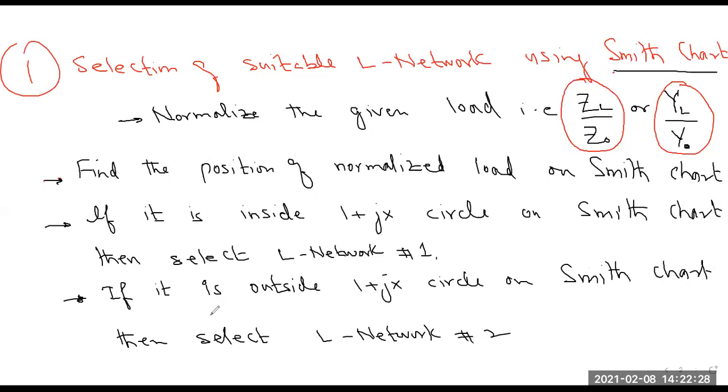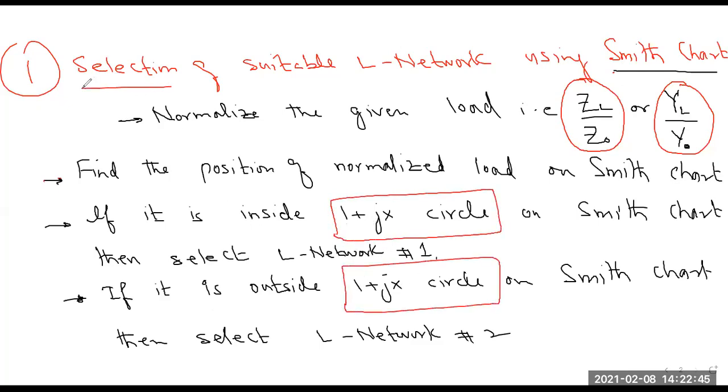So in this process, what may not be apparent to you is, what is this 1 plus jx circle that I am using on the Smith chart? Our selection of suitable network is based on this circle.